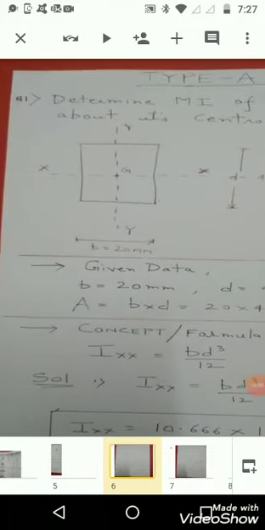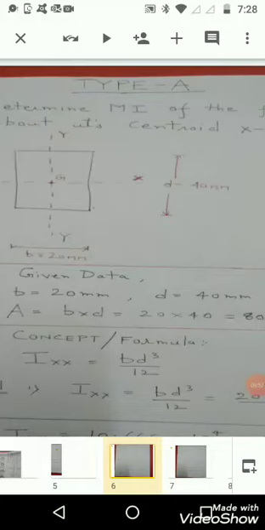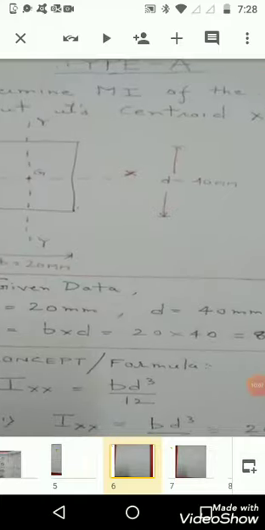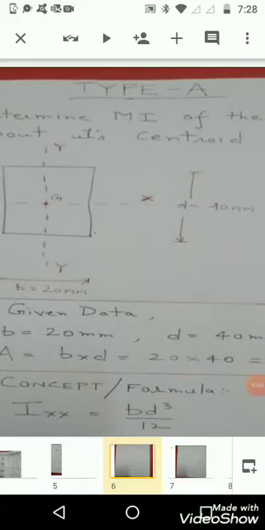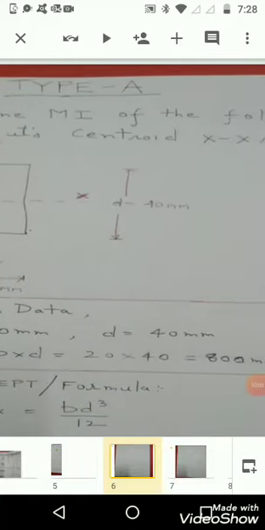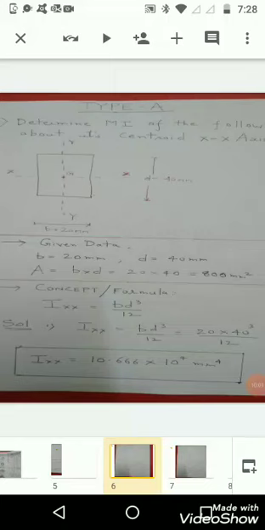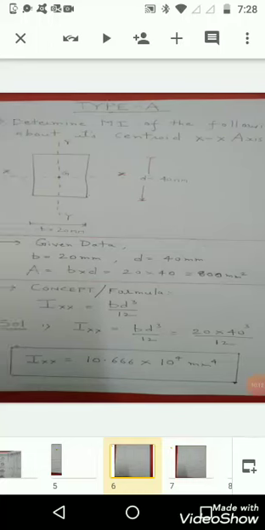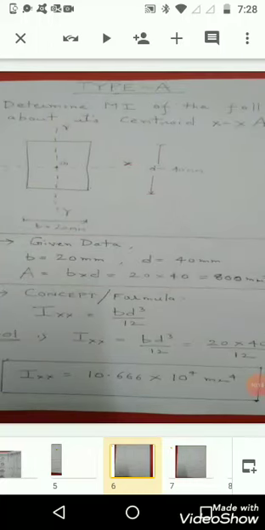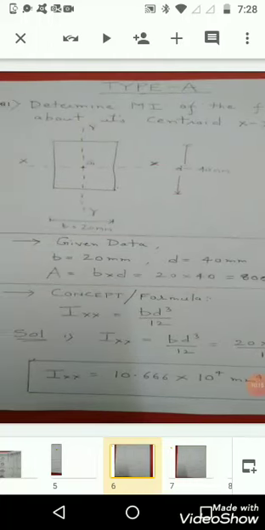Now here is the numerical. Determine the moment of inertia of the following about its centroid x-axis. A simple rectangular shape is given.